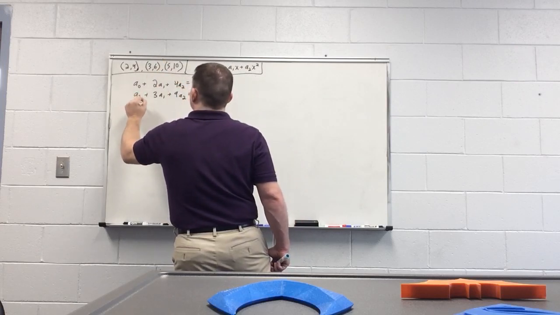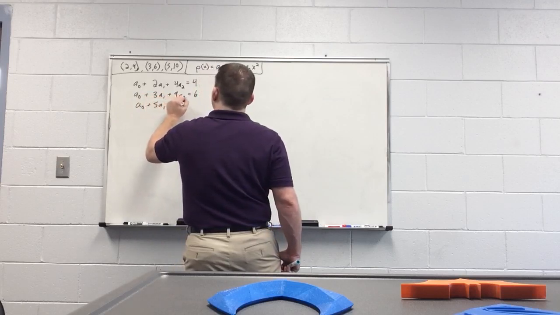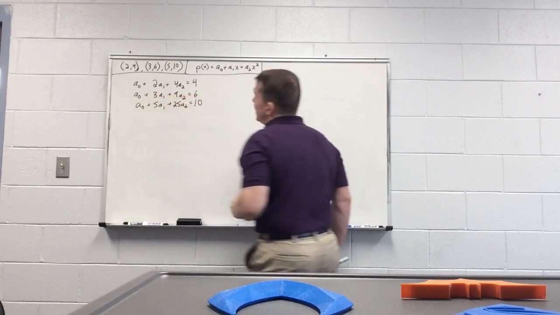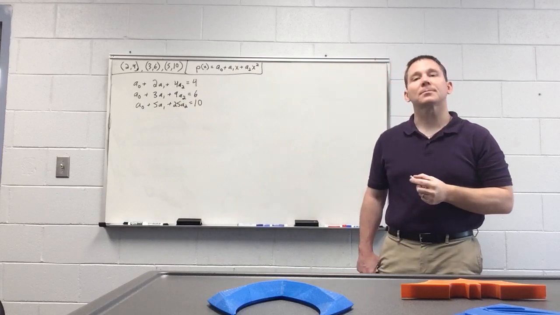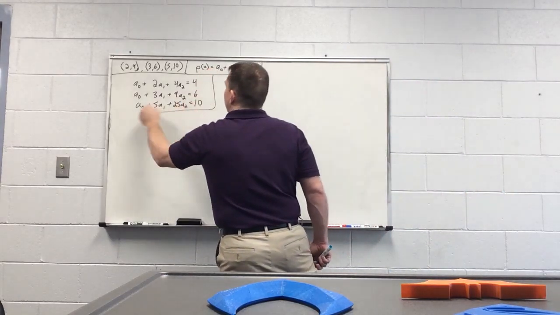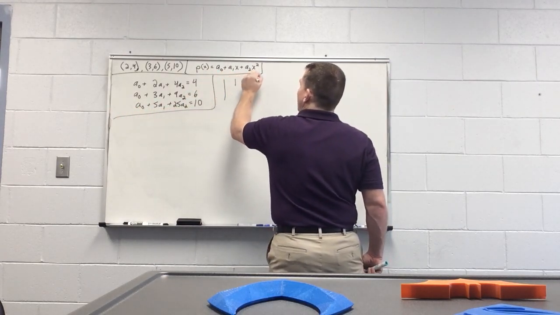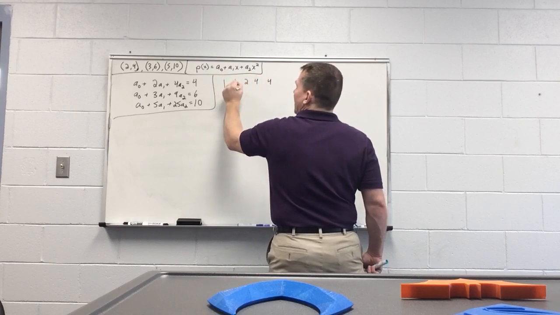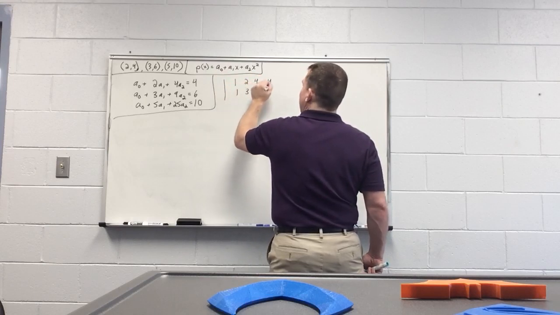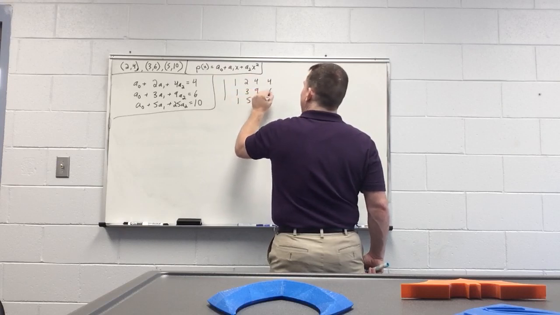And when x is equal to 5, a sub 0 plus 5a sub 1 plus 25a sub 2 is equal to 10. Now with this, write out the matrix. 1, 2, 4, 4, 1, 3, 9, 6, 1, 5, 25, 10.